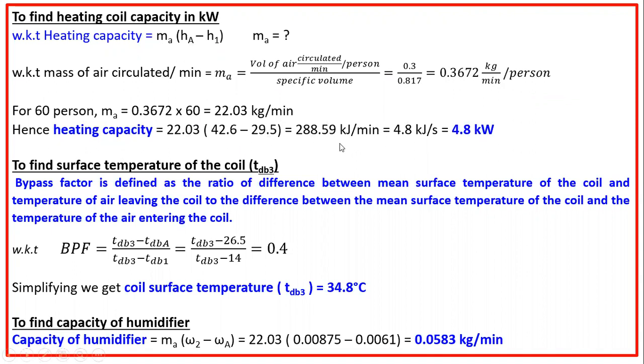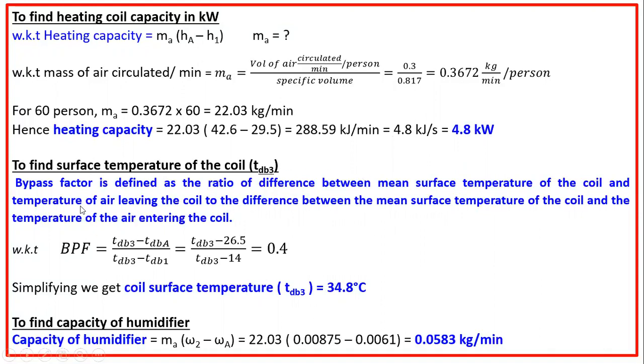You will get it in so many kilojoules per minute. Divided by 60, you will get it as 4.8 kilojoules per second, or 4.8 kilowatts.